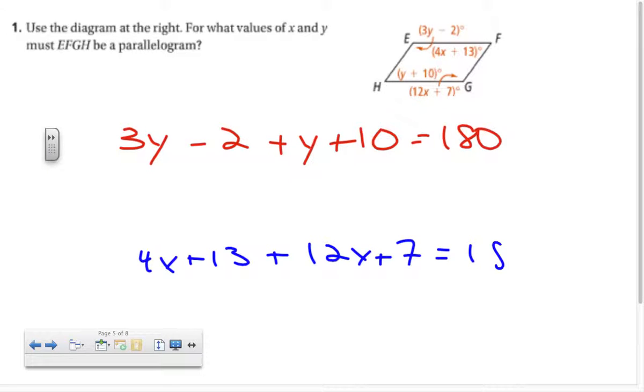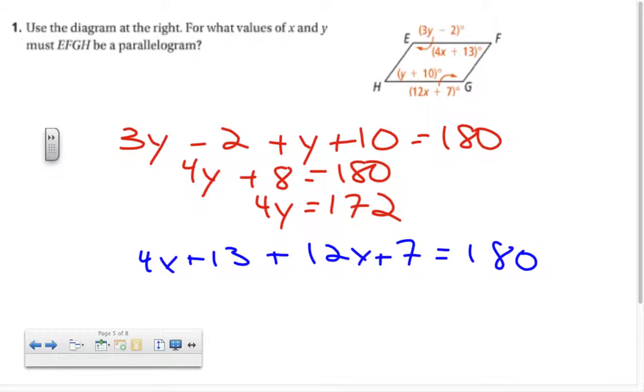Like I'm writing with invisible ink. Here it goes. Combining our like terms for the y equation, we have 4y plus 8 equals 180. 4y equals 172. So y is what, 43?